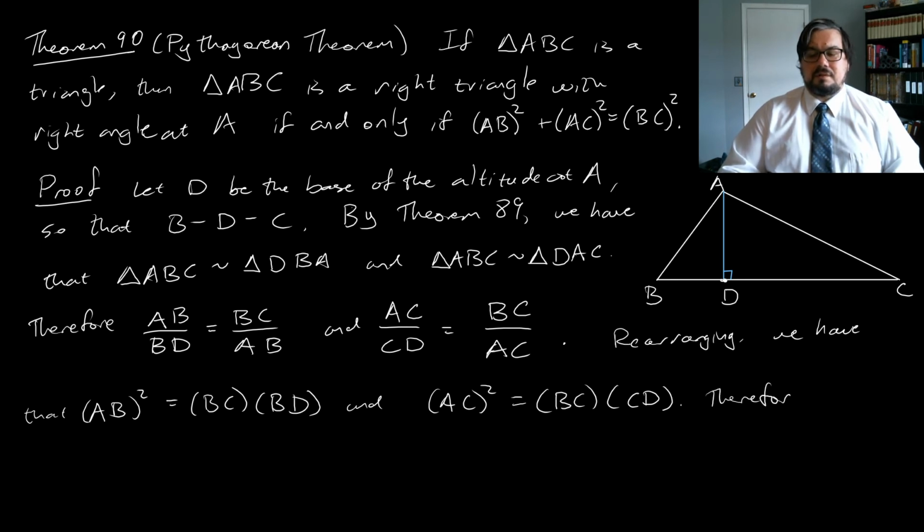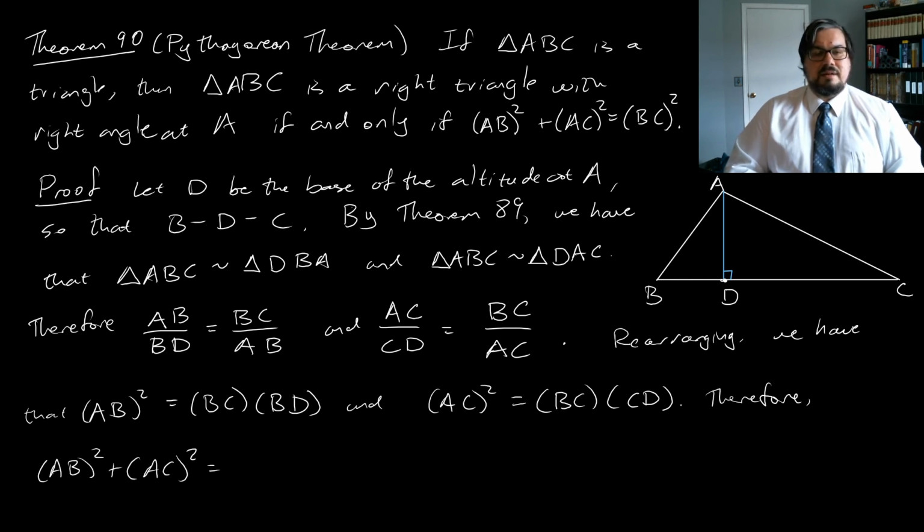Therefore, if we take AB squared plus AC squared, that is equal to BC times BD plus BC times CD.